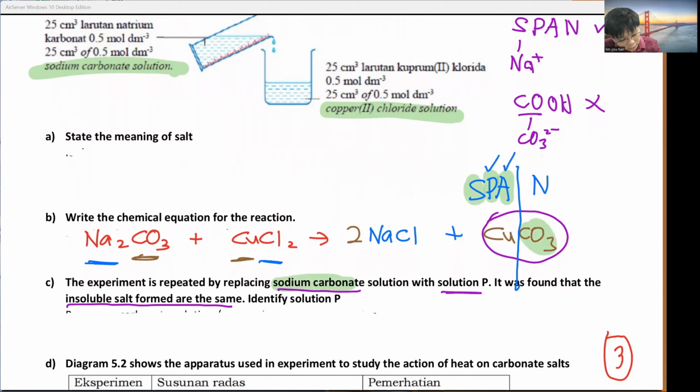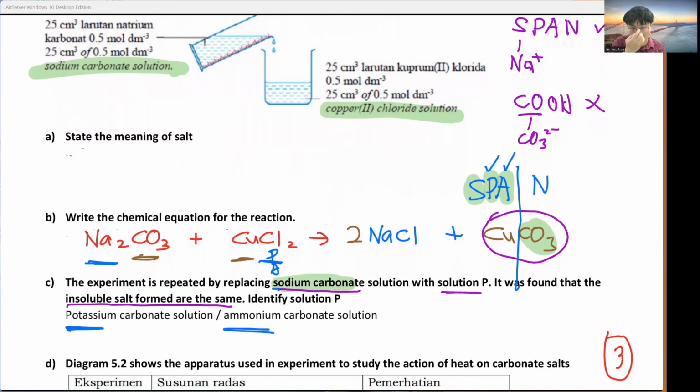So now you just change the S, you change to P and A. So here the suggested answer would be potassium or ammonium carbonate. Because carbonate confirm insoluble, there are only 3 carbonates which are soluble, which is SPA: sodium, potassium, ammonium. So this is the only choice that you have.